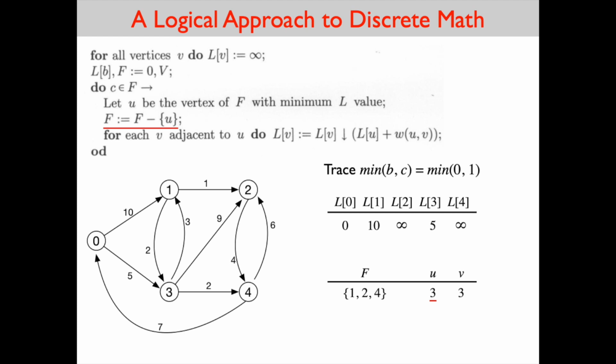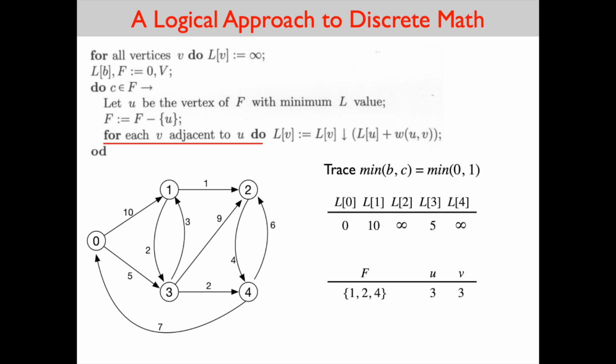And then the next statement says, for each V adjacent to U, do. And so now the question is, what is U? The value of U is 3. So which vertices are adjacent to 3?